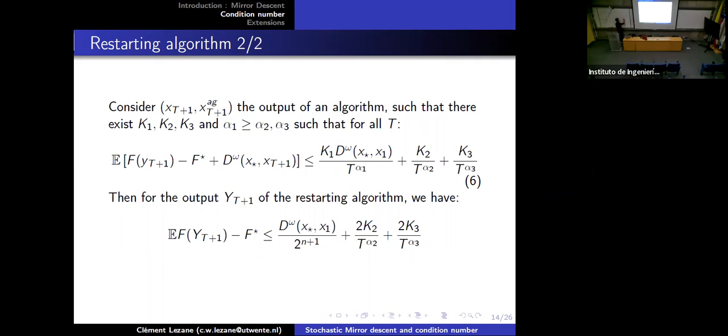So k is going to be 2 k1. And in our case, alpha 1 is equal to 2.